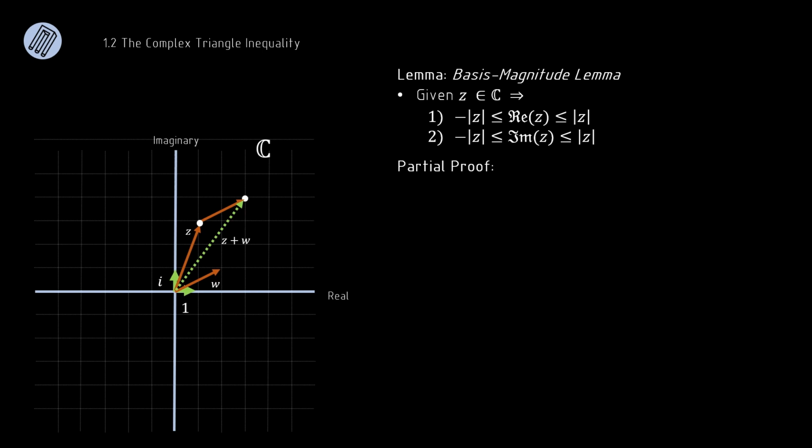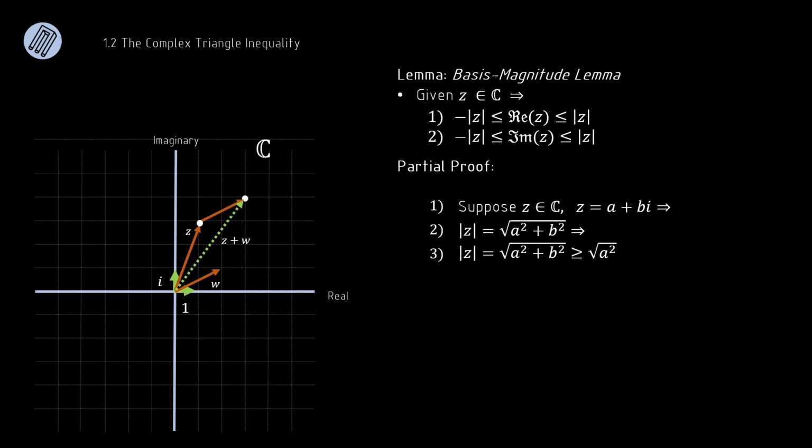Here's the proof. Suppose we have some complex number z. Then, as we defined in the last video, the magnitude of z is just a and b added in quadrature. However, given that a squared and b squared will both always be positive, the square root of a squared plus b squared will be bigger than or equal to just the square root of a squared. Simplifying, we see that the magnitude of z will always be bigger than or equal to a.